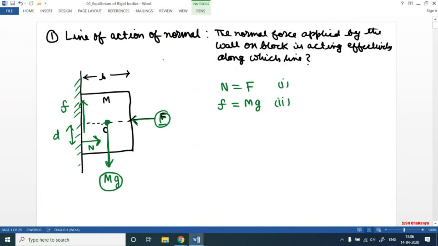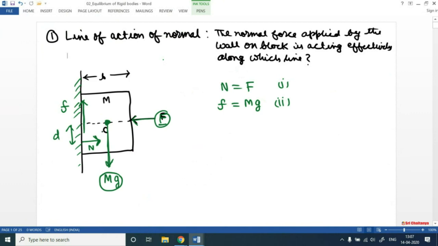Looking at point C, there would be torque due to this friction that would be clockwise in nature. So in order to balance that clockwise torque due to friction, we need the torque due to normal in the anti-clockwise direction, and that could be possible only if this normal gets shifted below C.